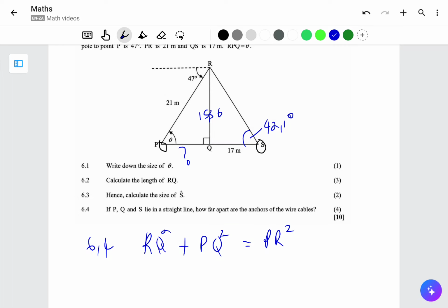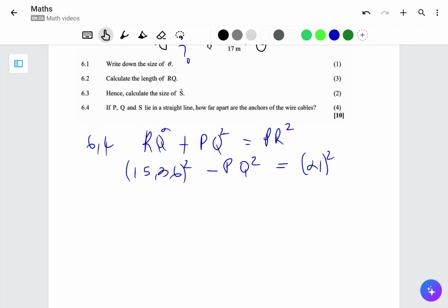We know that RQ is 15.36, so 15.36 squared plus PQ squared, which is unknown, equals PR squared, which is 21 squared. Let's move that up here. Apologies guys, this must be a plus.